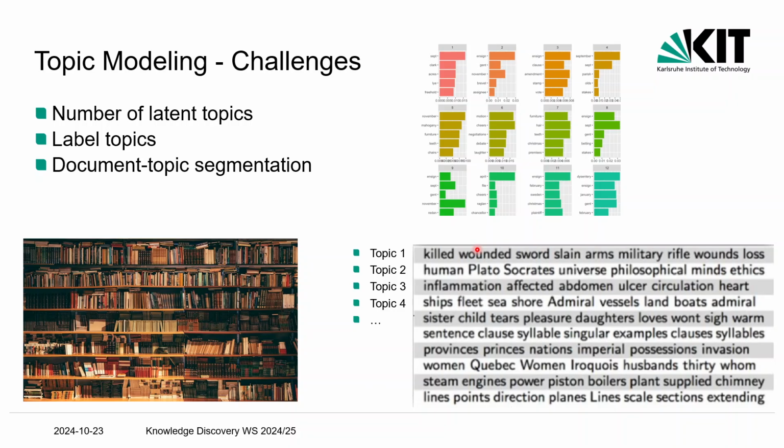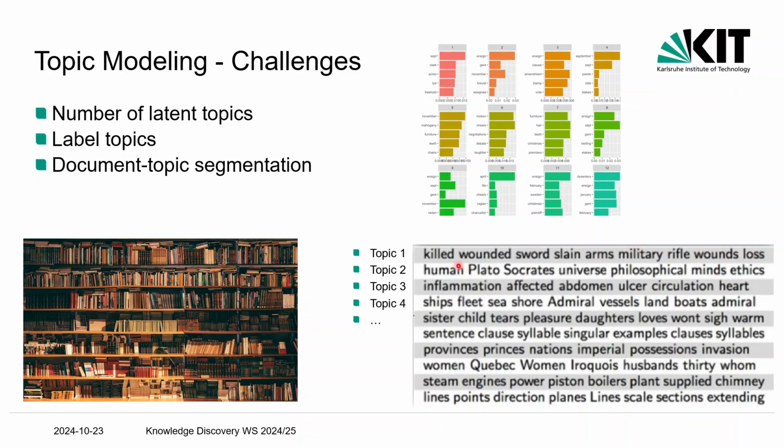Further, another challenge in this domain is that topics are generally unlabeled. The topic tends to be a latent representation, and you can have certain topic words that are within a given topic, but then how do you label this?